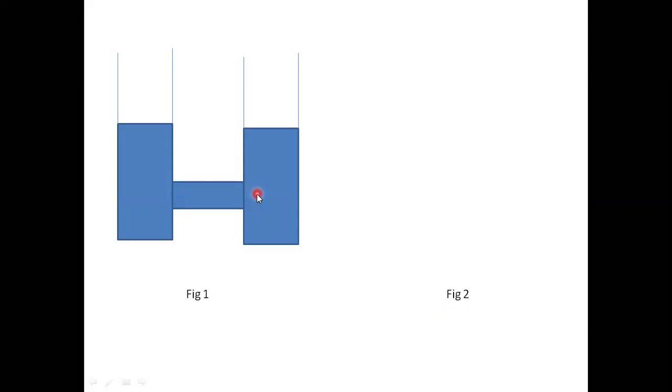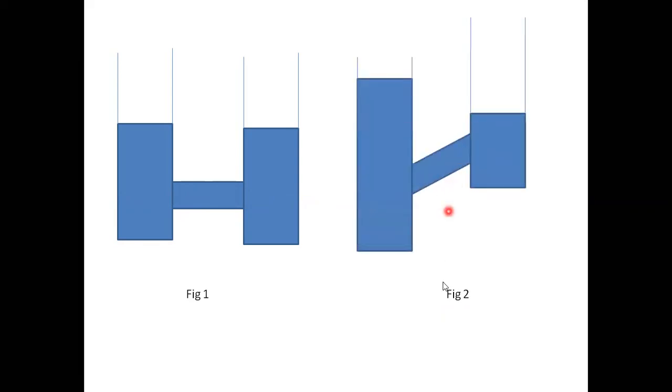But still, if we want liquid to flow from one container to another through this pipe, we want that. This can only be done if you give a certain height to one container. If you see figure 2, now this second container is given a certain height because of which the liquid starts to flow through this pipe from this container to this container.